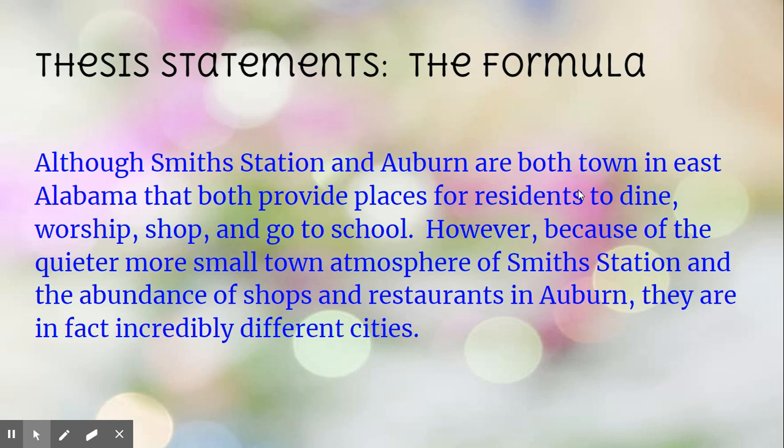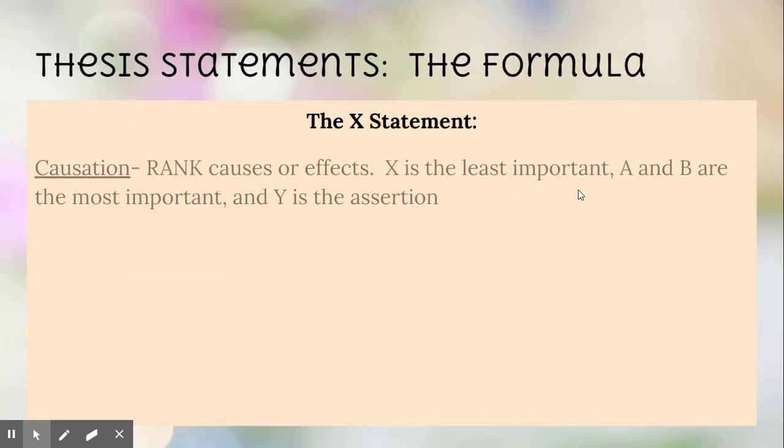So that's a real, not history-related example, but you can see that process, and that would work for any of them. Now, as far as how we would make this X statement a little bit more of a fine point for different types of essay questions: if it is a cause and effect question, if it's asking about causes and effects, what you would need to do is rank your causes and effects that you're choosing.